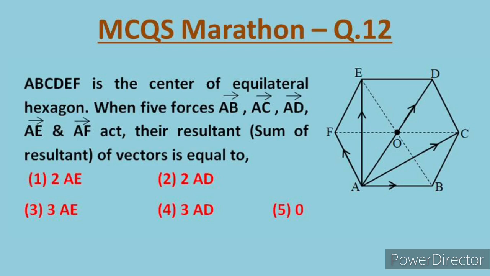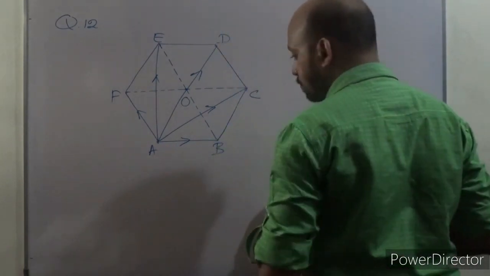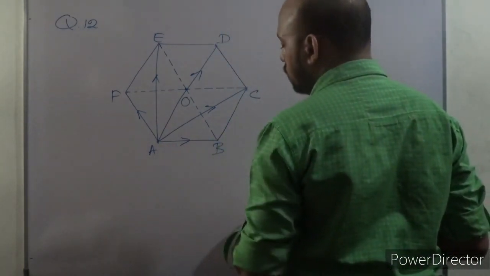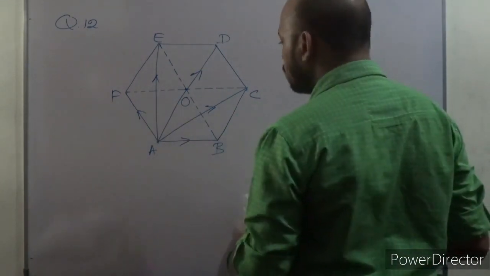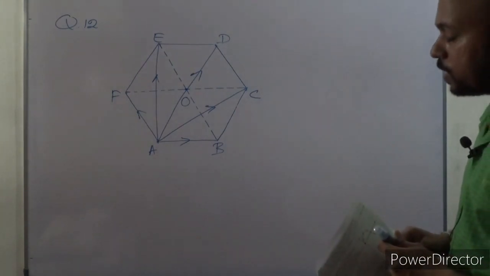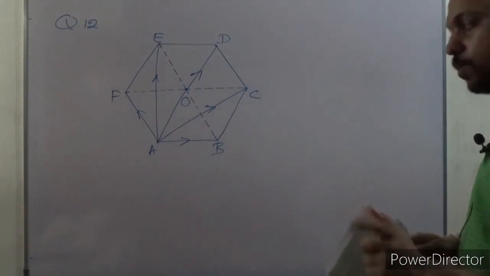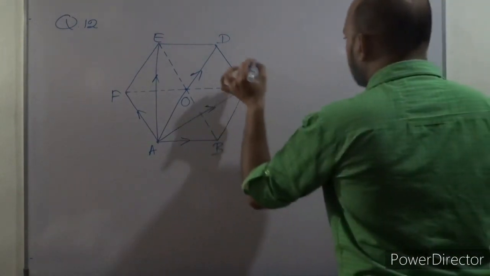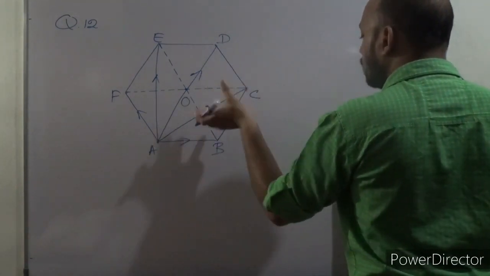Okay, now here you can see all the vectors start from A, right? So all are homogeneous, right? So we know what requirements should be fulfilled for two vectors to be equal.